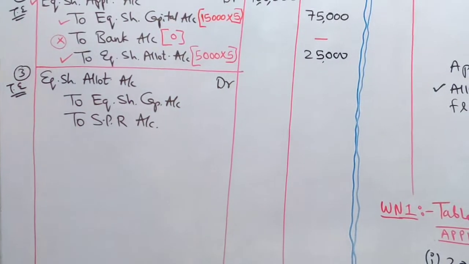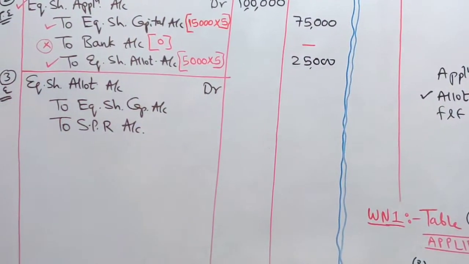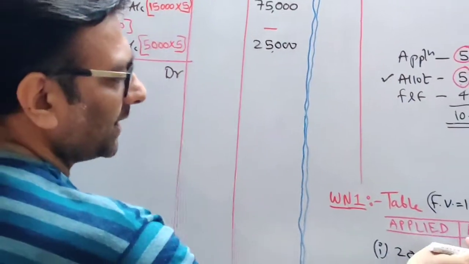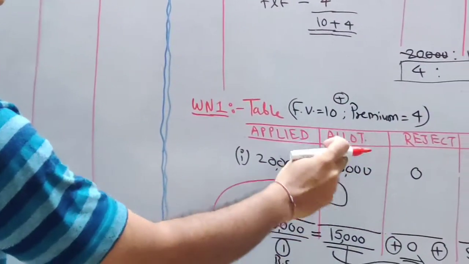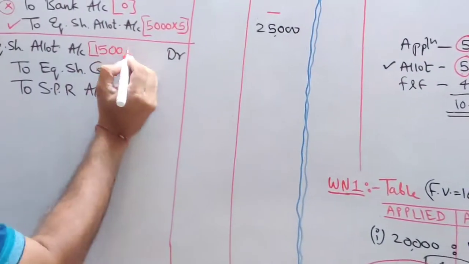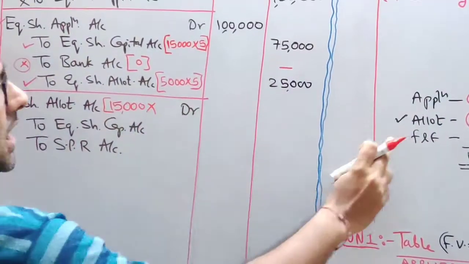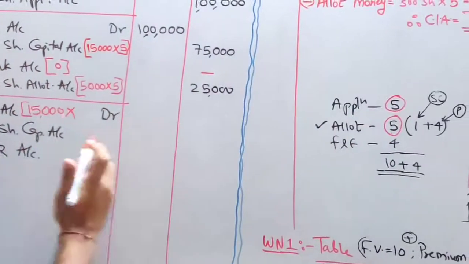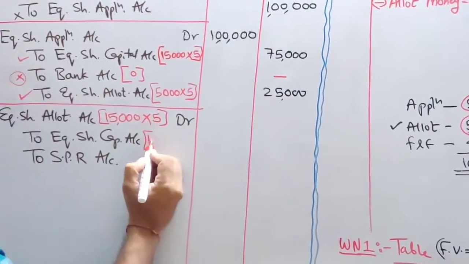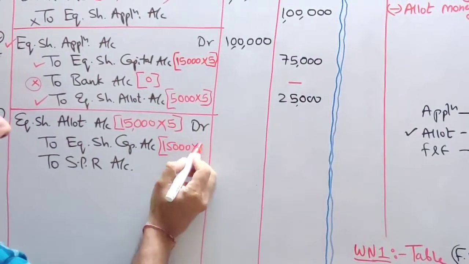Now I am writing a bracket for your understanding. How many shares were allotted? You can check in the table. Allotted column, you see. Allotted total is 15,000. So we have allotted 15,000. How much have we asked? 5 rupees per share. Out of this 5 rupees, how much is share capital money? 1 rupee.